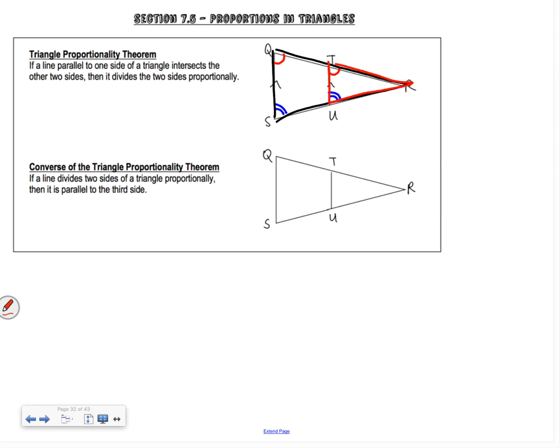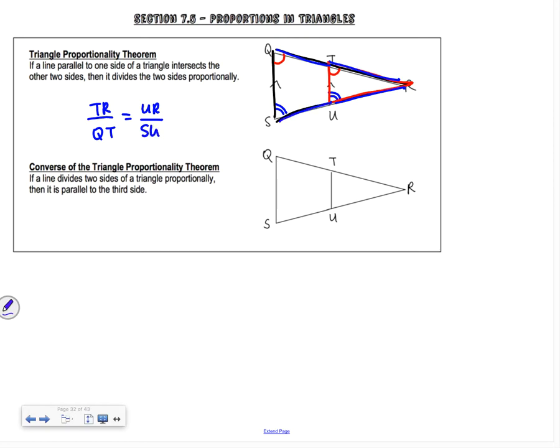But not only does it do that, we could actually go a little bit more specific, and we can say that TR divided by QT ends up being in the same ratio as UR divided by SU.